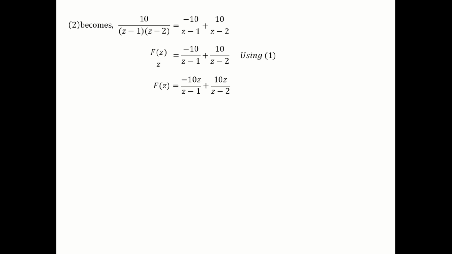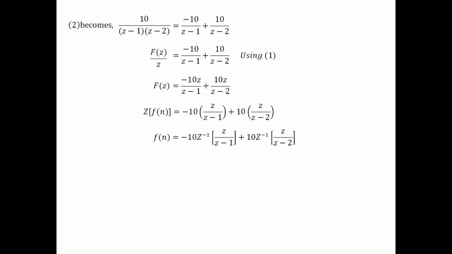So f of z by z into z gets cancelled, so you will get f of z is equal to minus 10 into z by z minus 1 plus 10 into z by z minus 2.